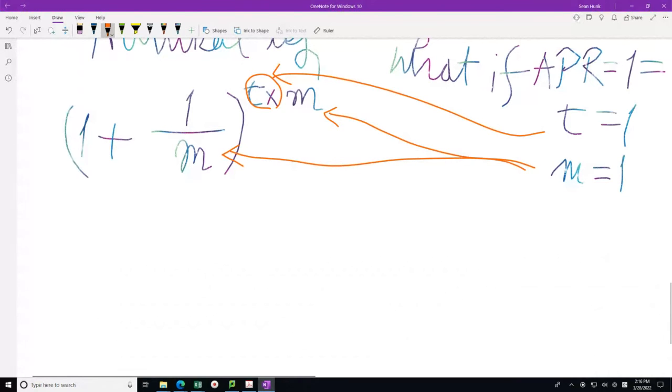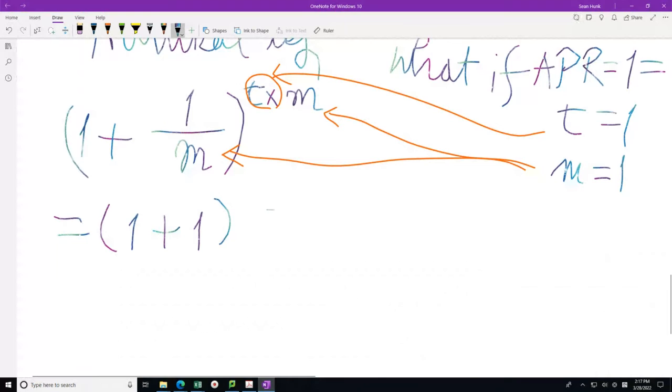The whole thing will simply be 2, right? And what does that mean?